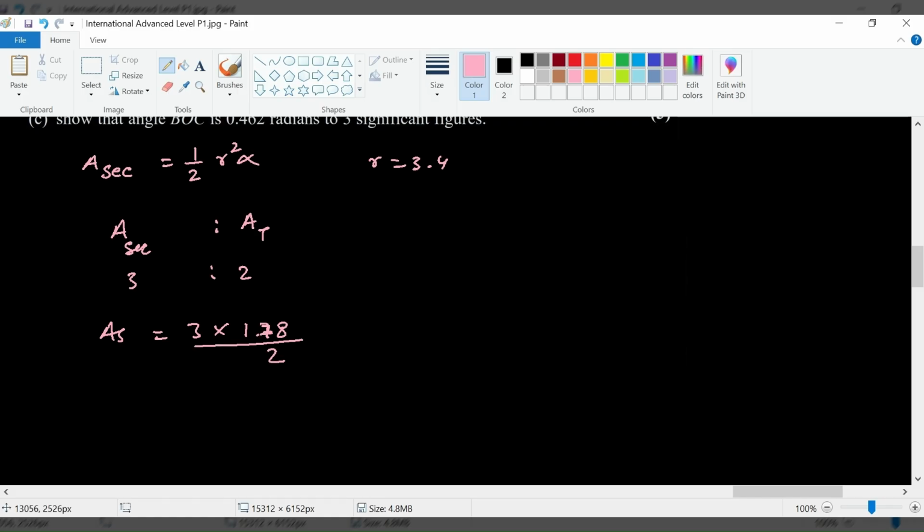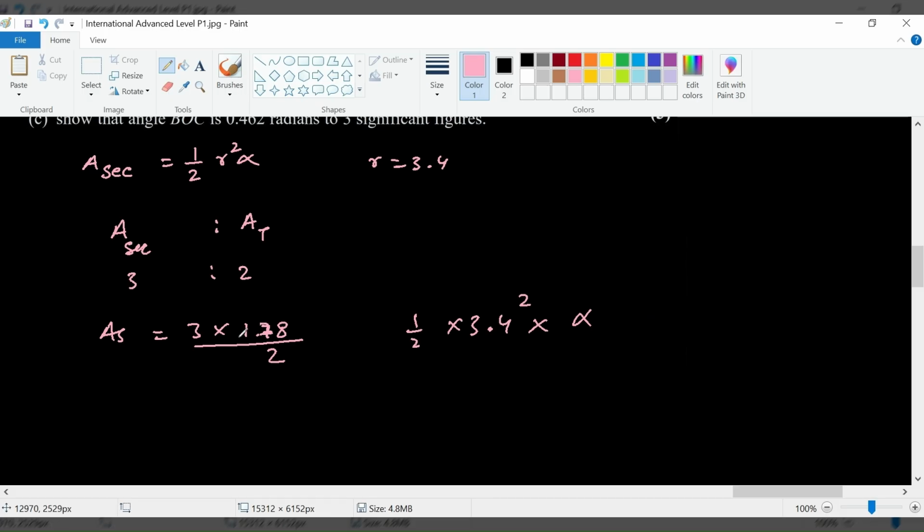Since it's in the proportion of 3 over 2, that's how we can find out the area of a sector. So this is going to be half of r squared times alpha.